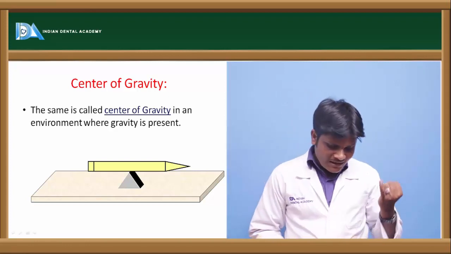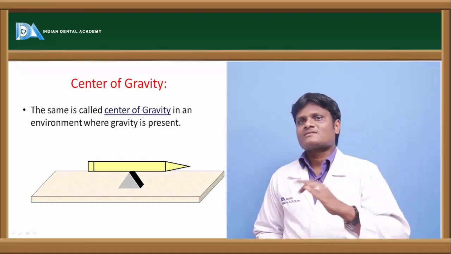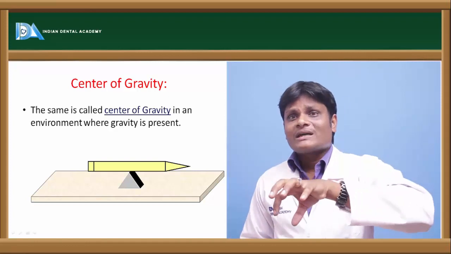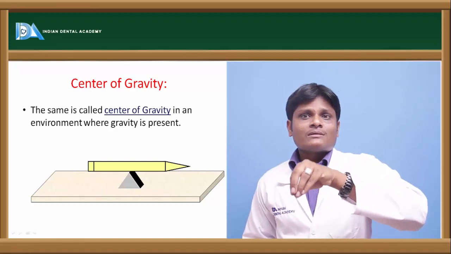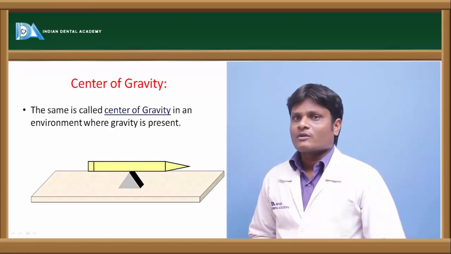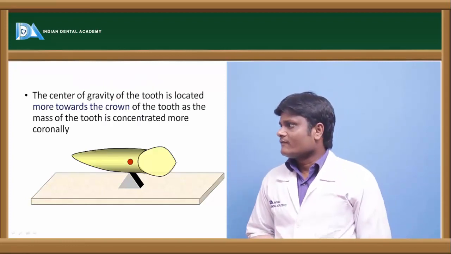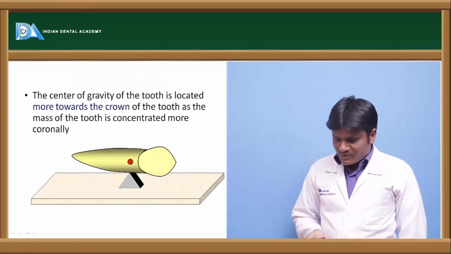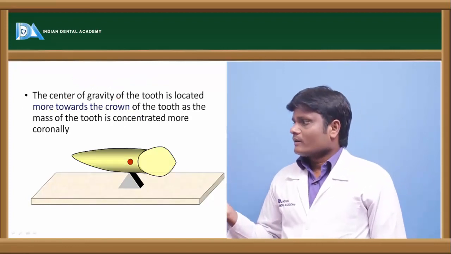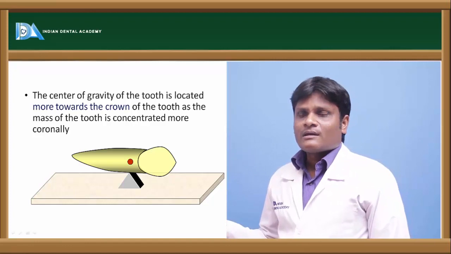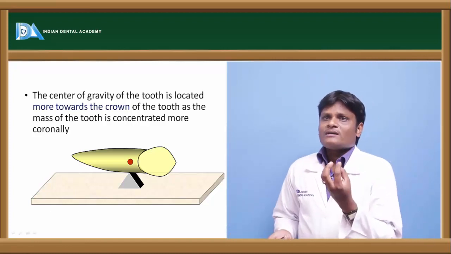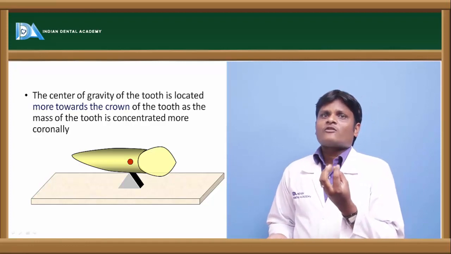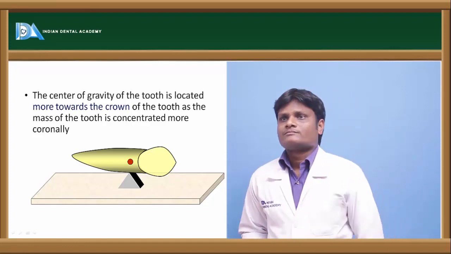So the center of mass and center of gravity are similar terminologies, but their applicability depends upon the environment in which the body is located. Here is the example wherein the tooth or any body for that matter is under the influence of gravity. That means the body is resting with the center of gravity as the fulcrum.